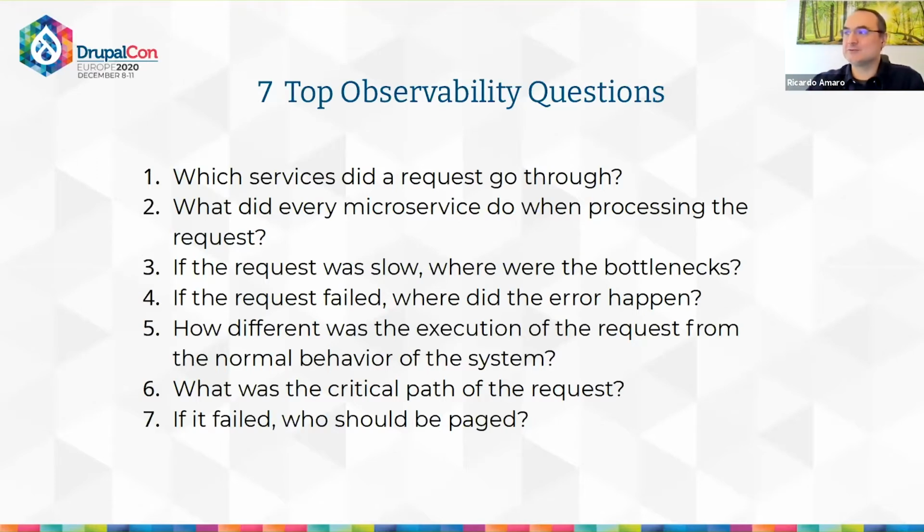Imagine it's divided between teams, we don't want to page the wrong team. We want to know which team needs to actually be paged. Unfortunately, traditional monitoring tools can't help here.